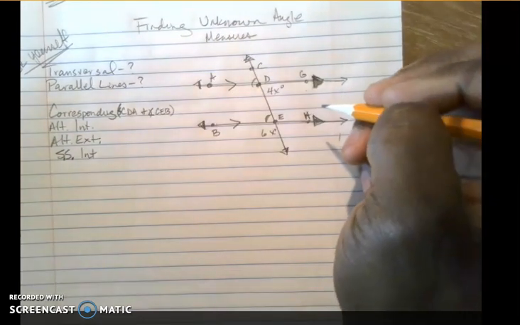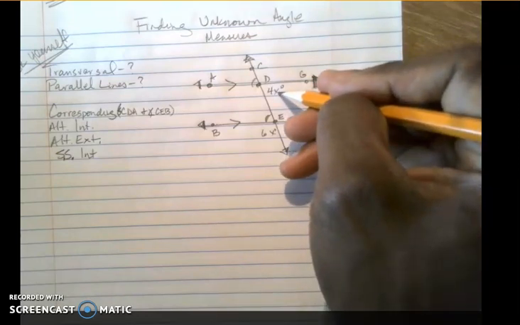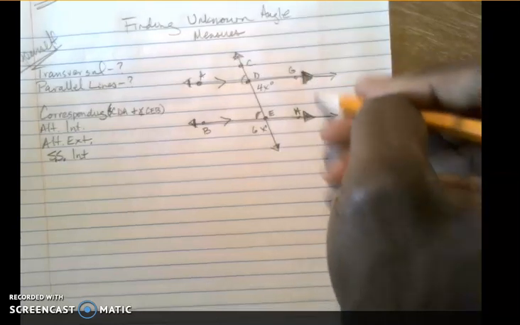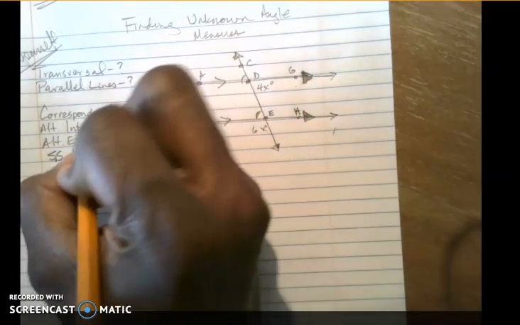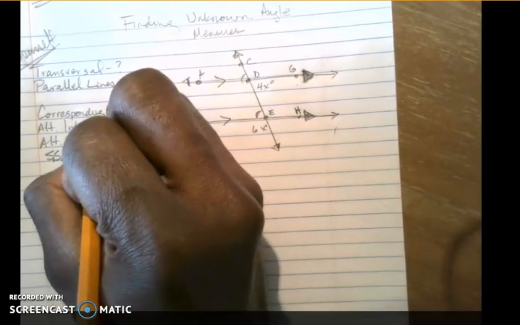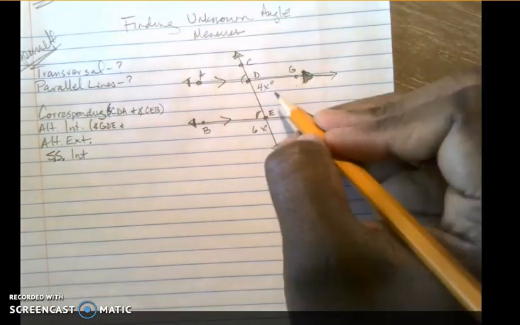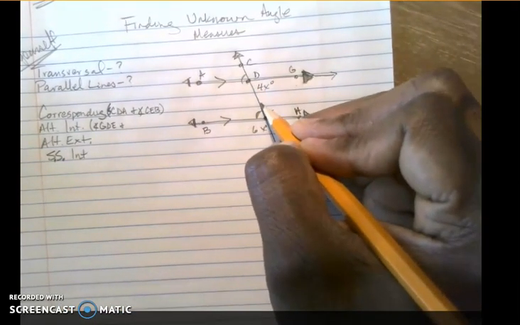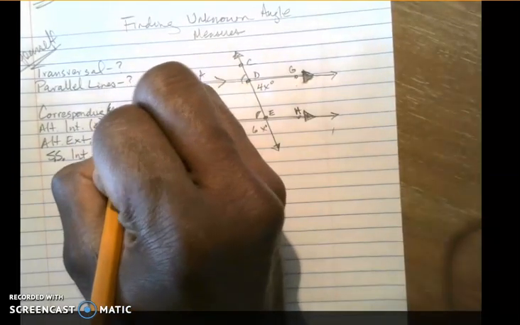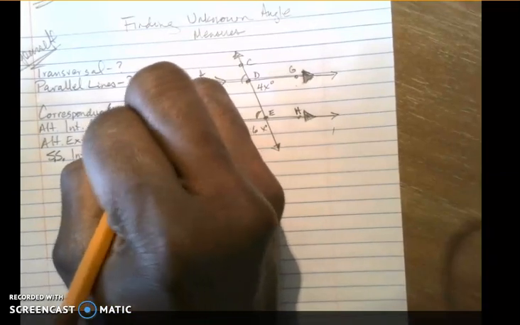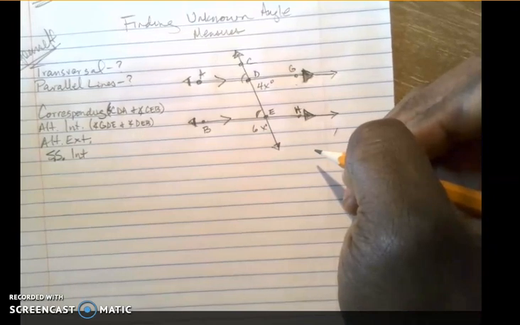Alternate interior: different sides of the transversal, but within these two parallel lines. I'm going to say that GDE and DEB are alternate interior, within.